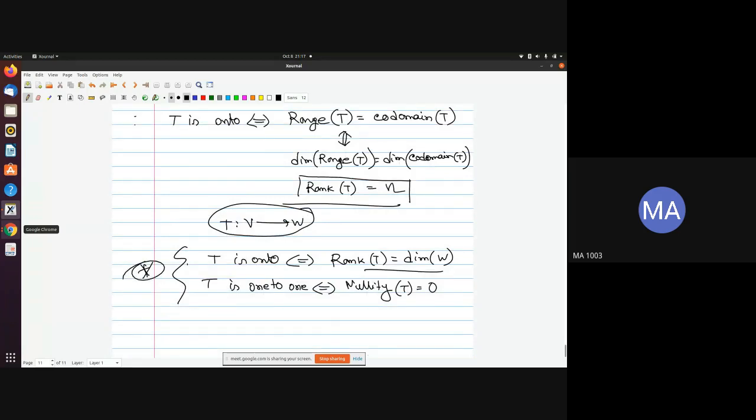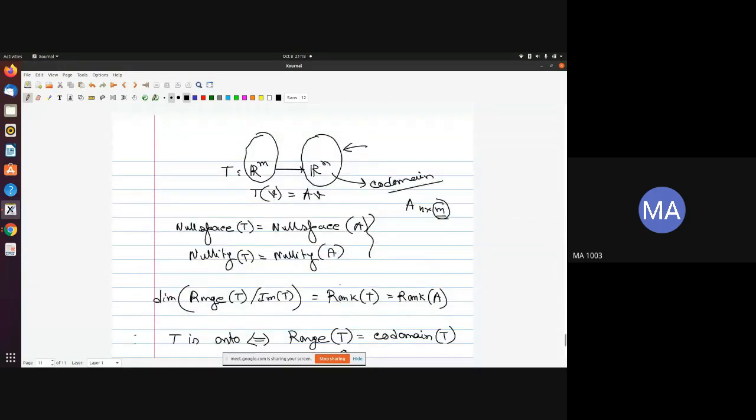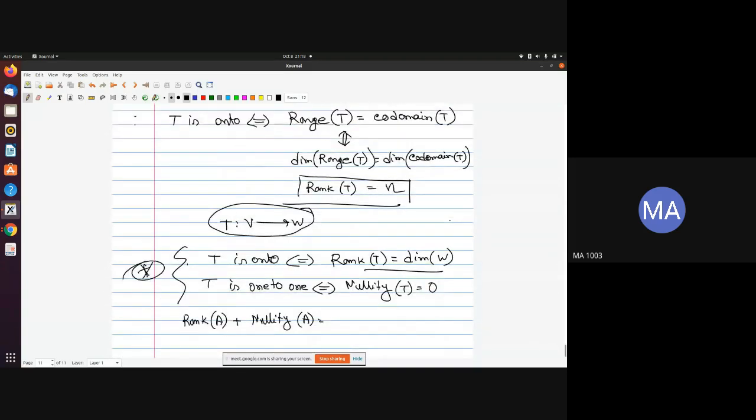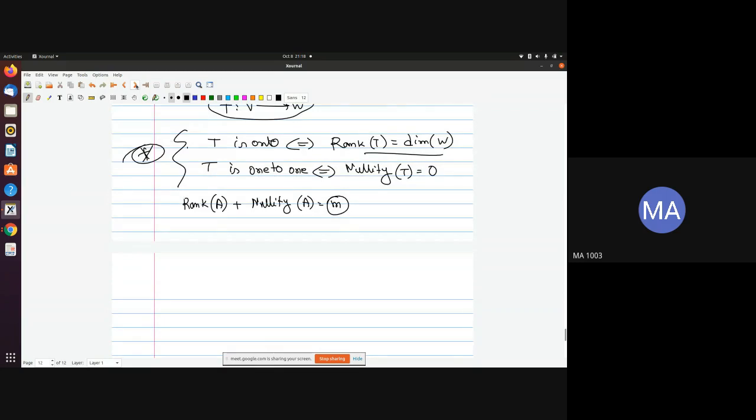In the case of the rank-nullity theorem, as you have already pointed out, for a matrix we knew this: rank A plus nullity A is the same as, here it is Rn to Rm, so it was n. So n is the dimension of which portion? The dimension of the domain, right? n was the dimension of the domain.